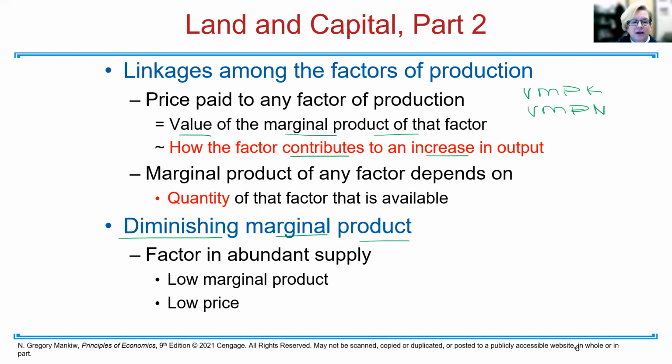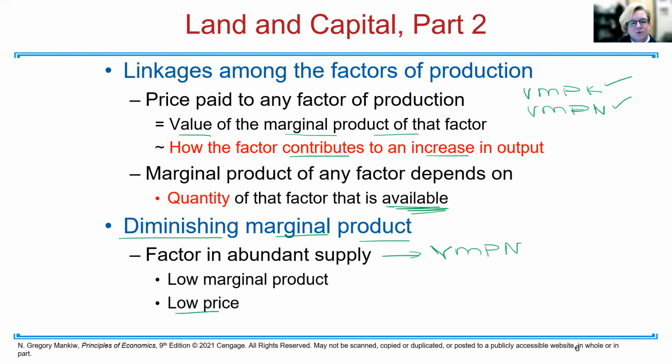Again, the marginal product of any factor, the marginal product of capital or the marginal product of land, depends on how much is available. So elasticities: is it in short supply or plentiful? That will contribute to the marginal product. For example, let's say China has a lot of land, so the value of the marginal product of land in China is going to be low.